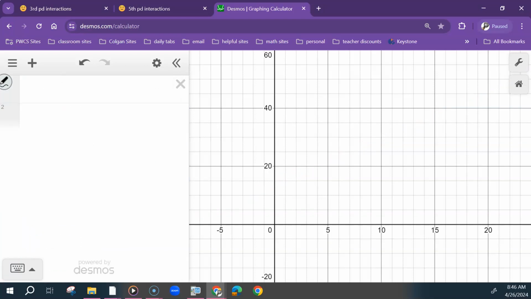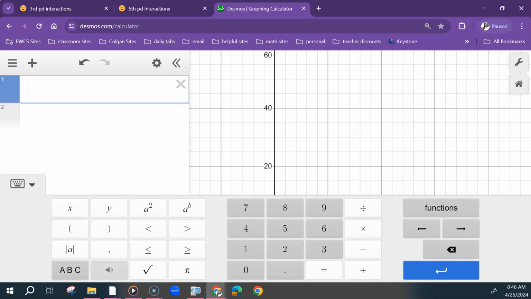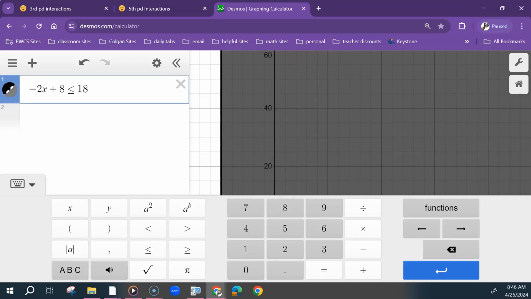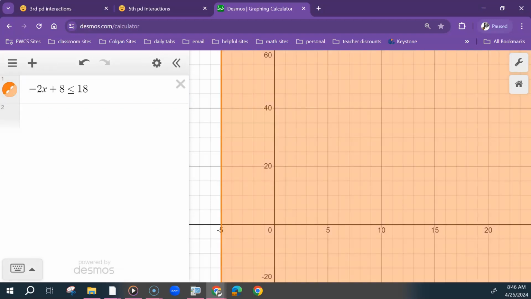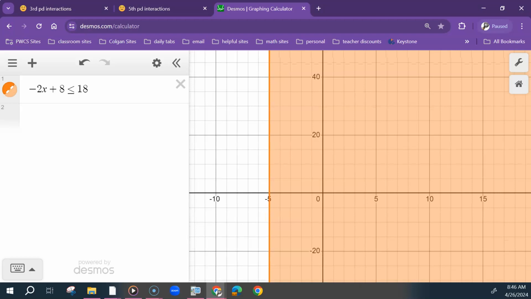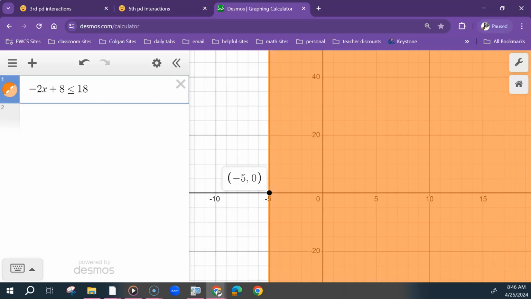And then for number 5, I'm just going to type in the inequality as is. And I see that this has a solid line because of the equal to. So that would be a closed circle at -5 shaded to the right.